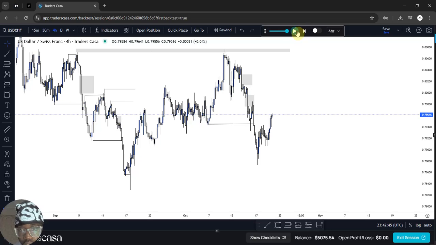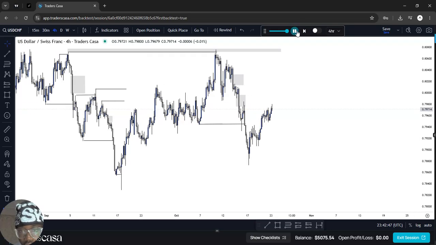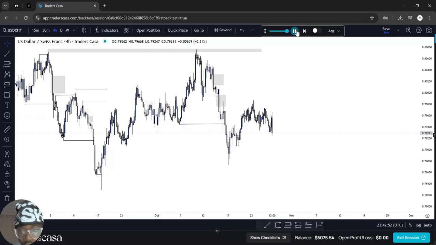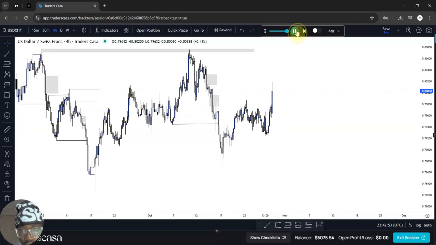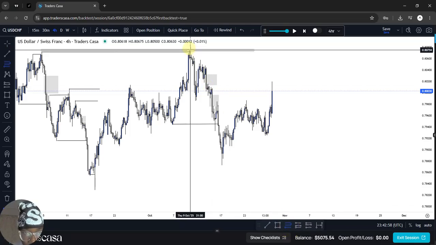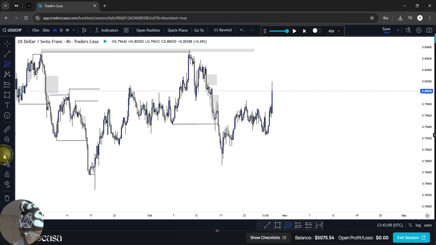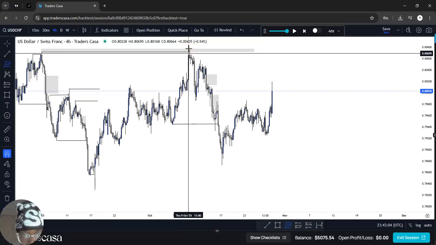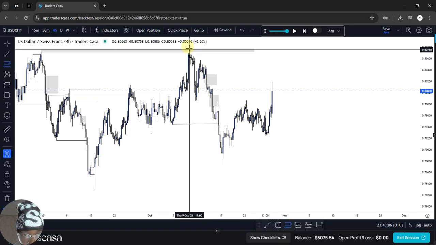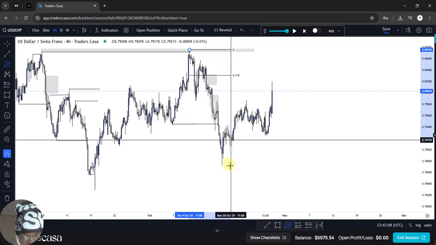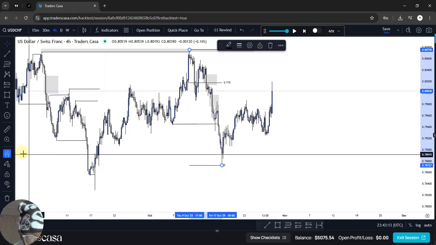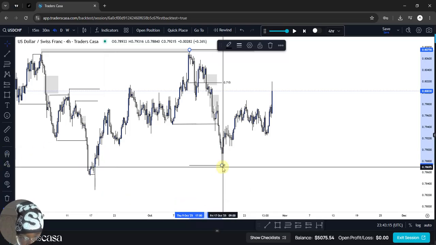Y'all can see there. Let us see. Okay, wait. Okay, price went a bit higher, and we're gonna be taking this trade from the highest high. Let me try to use the magnet to connect there. From the highest high to the lowest low right here, right?